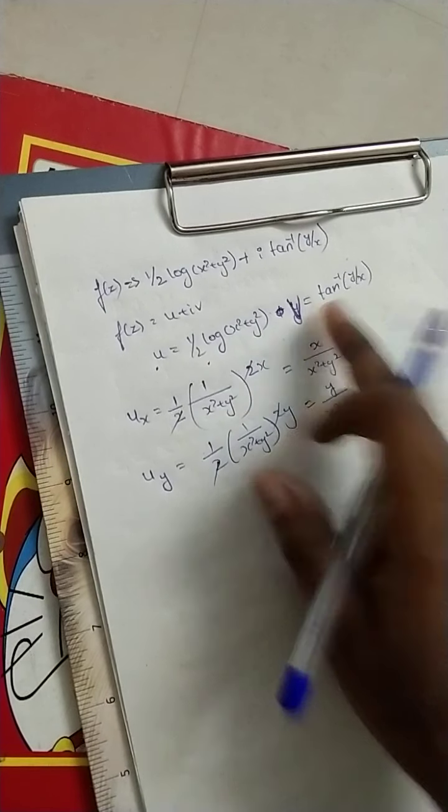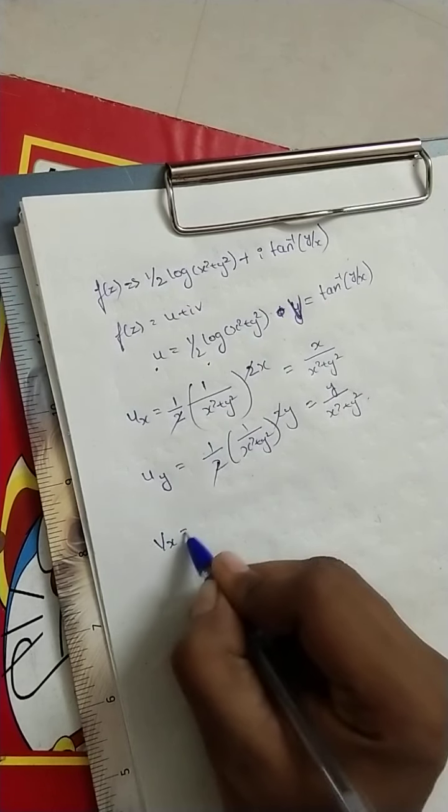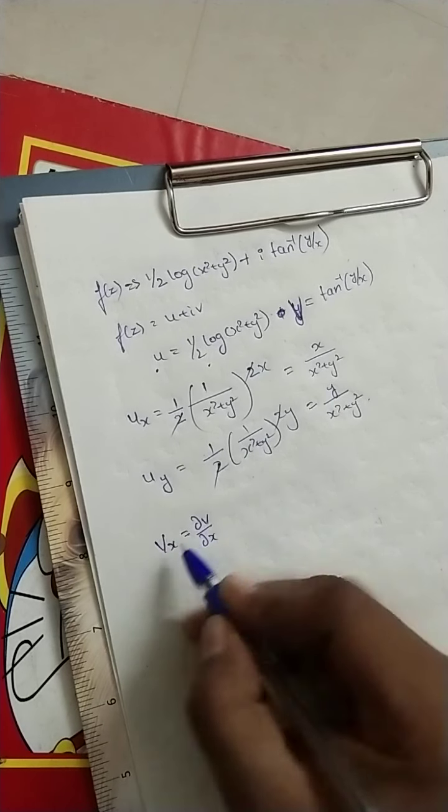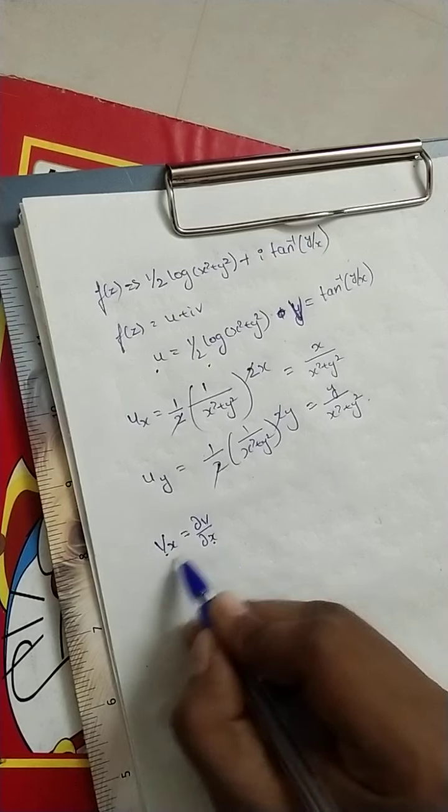Again we have to differentiate v. So v with respect to x, that is given by dou v by dou x. Don't confuse that part; we are differentiating v with respect to x partially.